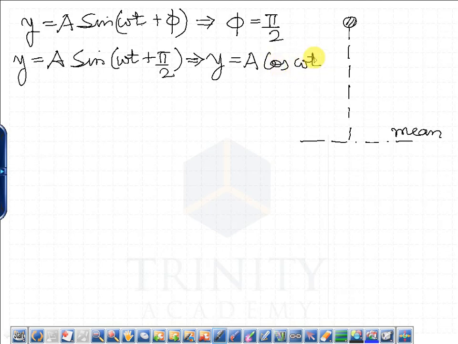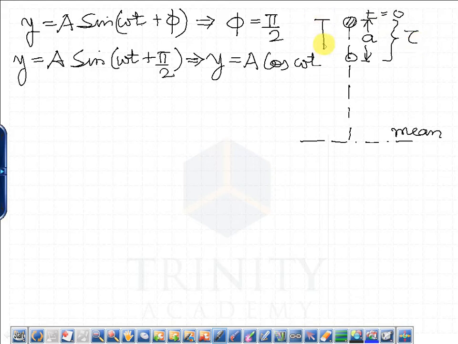Now the situation goes like this. It is said that in the first tau second, here time is equal to 0, the particle travels distance equal to a. So it travels distance equal to a in tau second.